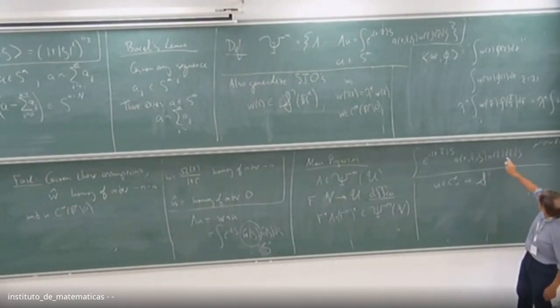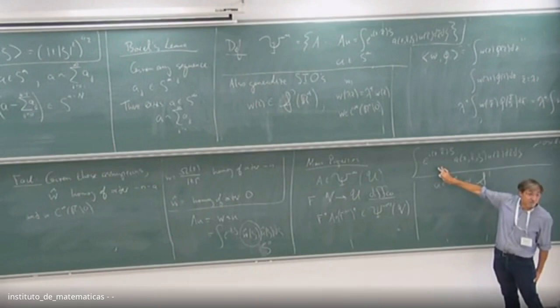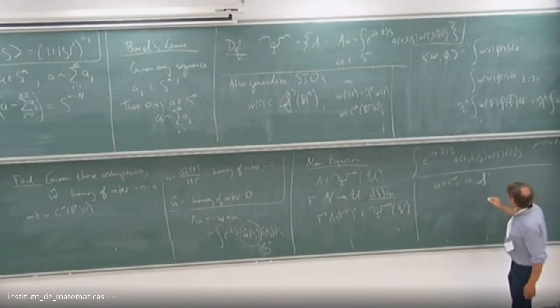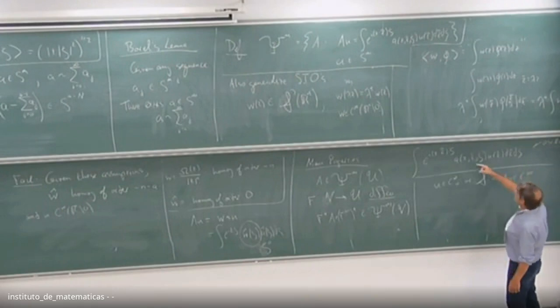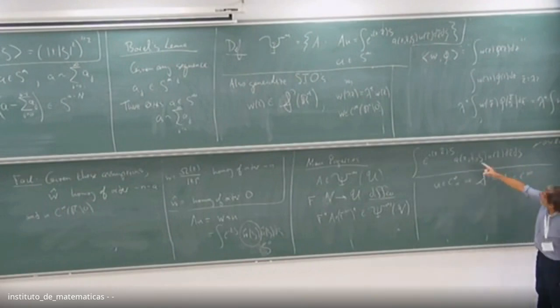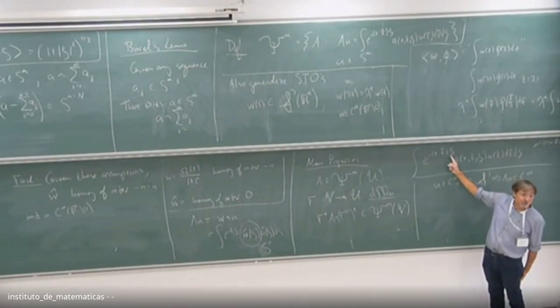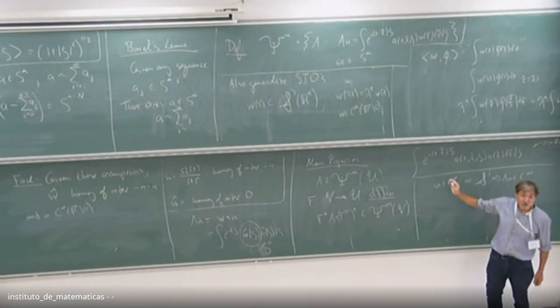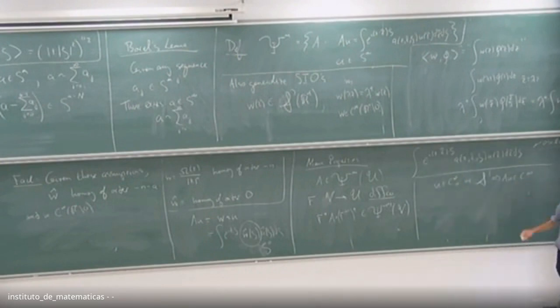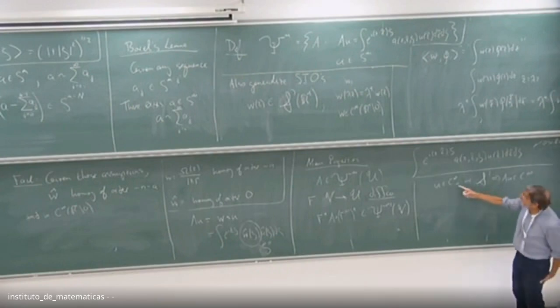So I have a rapidly decaying thing in zeta, and the integral makes sense. In fact, A of U is smooth, because I have an integral of something rapidly decaying in zeta, and every time I differentiate in z, it brings down polynomials in zeta. It never destroys the convergence, so I have something smooth. That's when U is in C infinity 0.